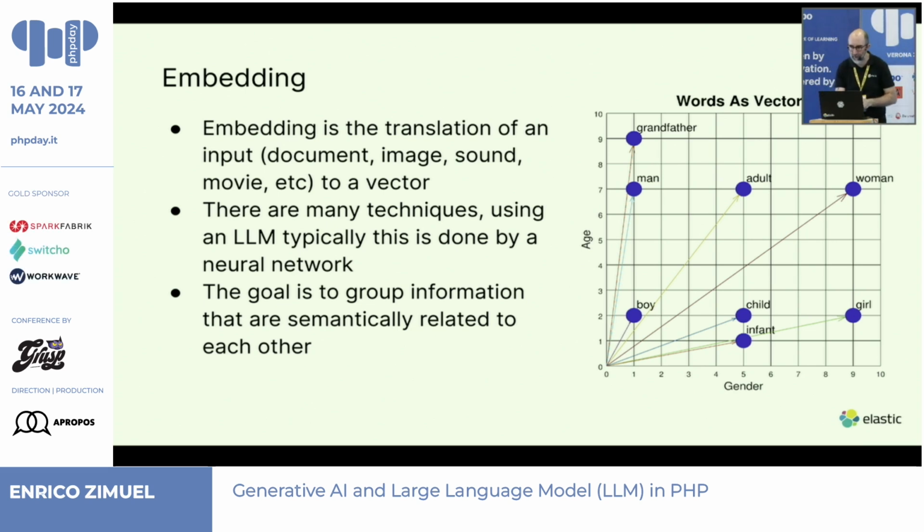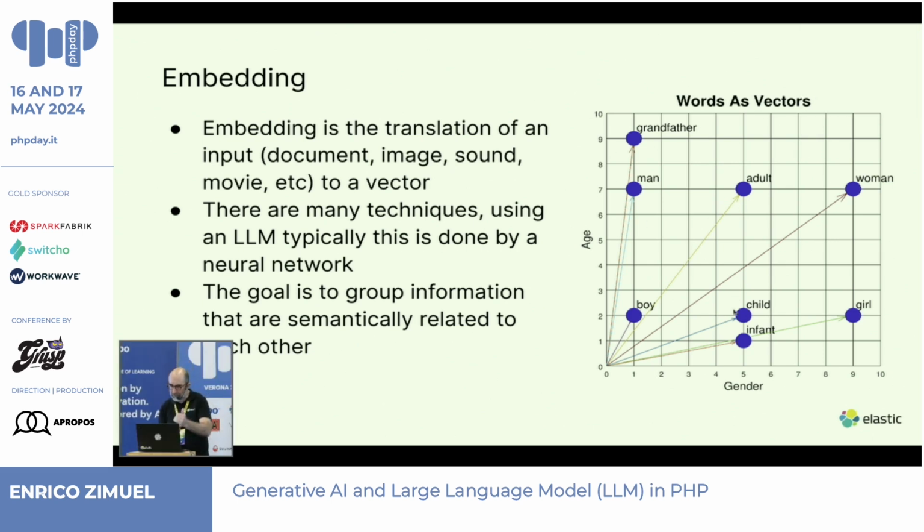For instance, grandfather, man, adult, woman are in this area. The others, boy, child, infant, girl, are behind. The goal of this model is to group together words and sentences that have similar meaning.